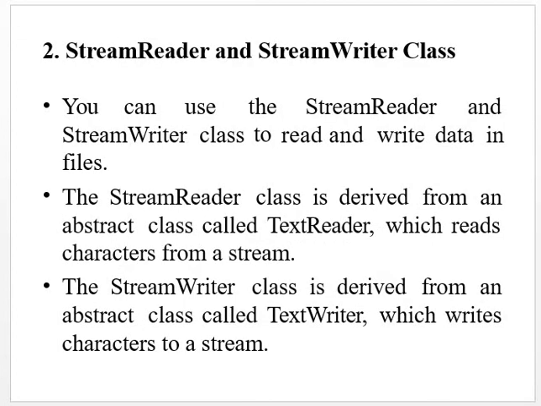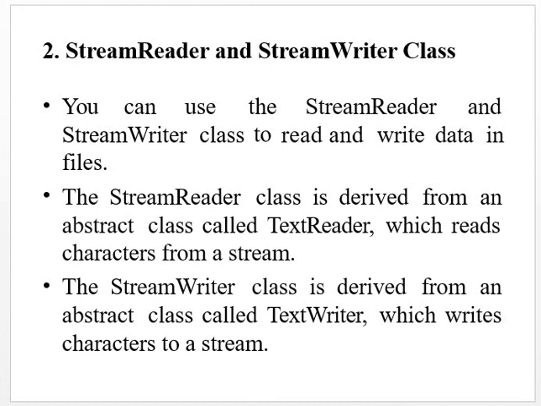Now we will see what is done in the StreamReader and StreamWriter classes. You can use the StreamReader and StreamWriter classes to read and write data in a file. The StreamReader class is derived from an abstract class called TextReader, which reads characters from a stream. Simply we can say that StreamReader is used to read the data only.